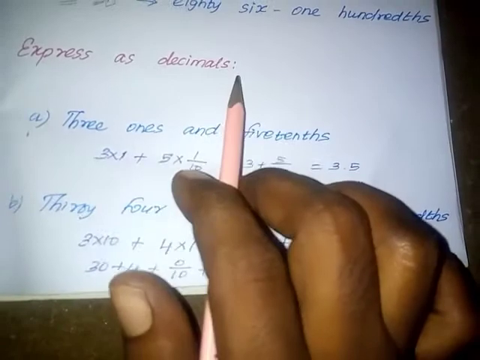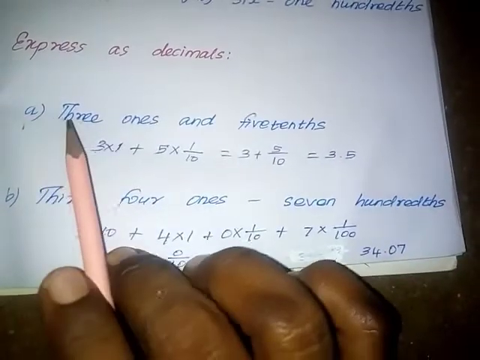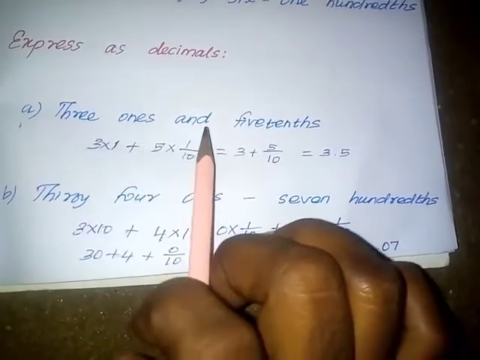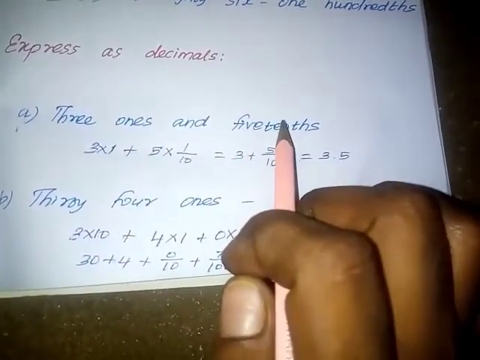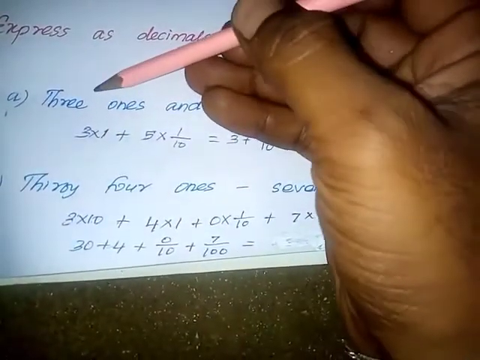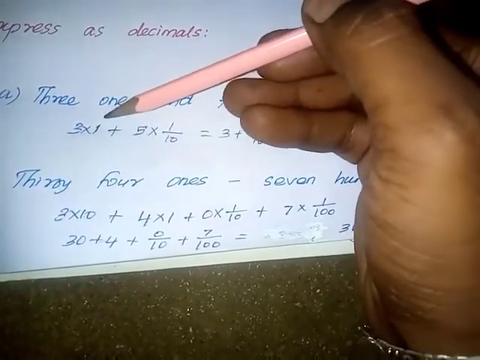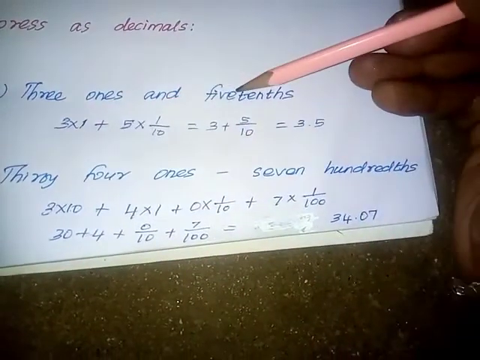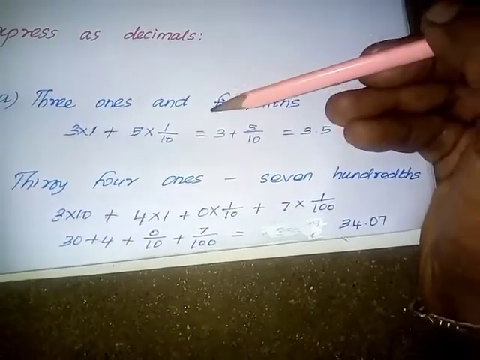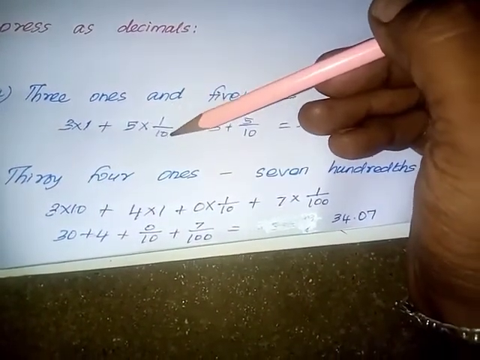Express as decimals. Question number 1: 3 ones and 5 tenths. According to the place value, 3 ones can be written as 3 into 1, plus 5 tenths, so 5 into 1 by 10.